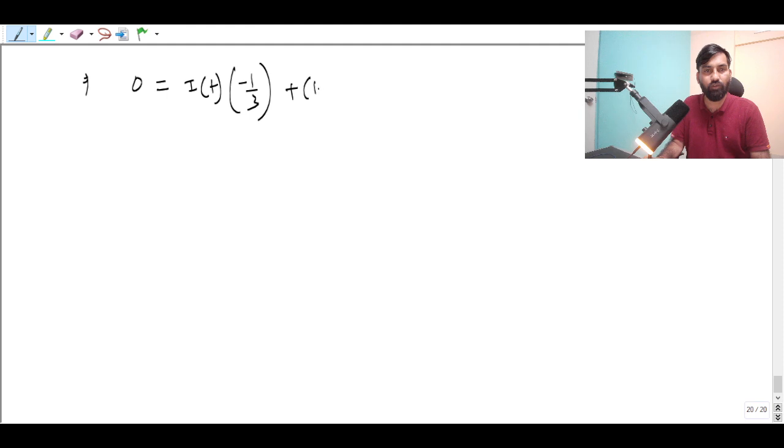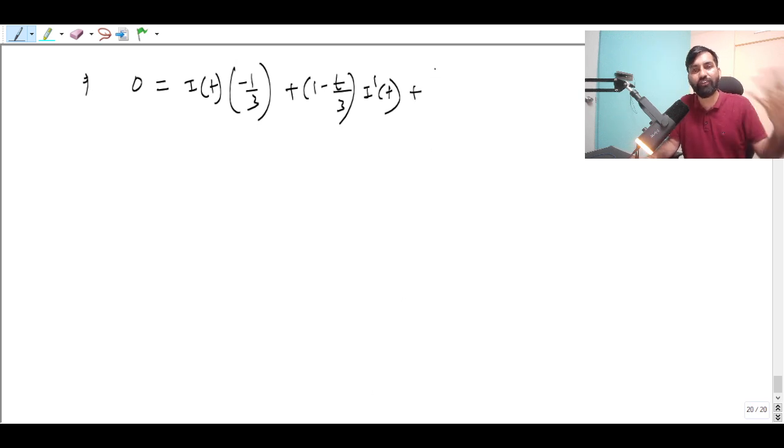Then 1 minus t by 3. Now you can say I dash t. I think this is clear. And the differentiation of the integration is going to be as it is, 1 by c, and this is it. Just forget about that integral. You got this. I hope this makes sense.